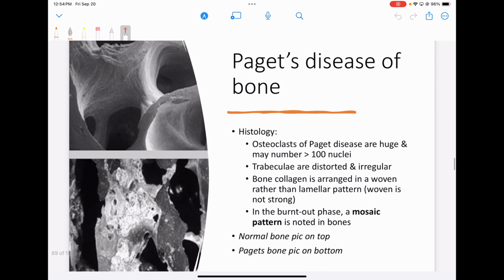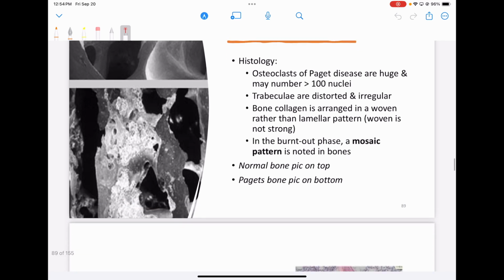So this is what trabecular bone looks like. A lot of canals, looks like a sponge. If you did a microscope of a sponge, that's what it looks like. Now look at the bottom picture. That is what happens with Paget's disease. Disordered bone remodeling. Also resembles a mosaic pattern.